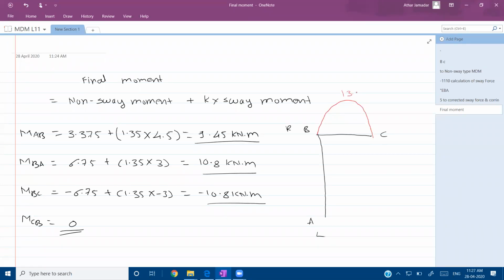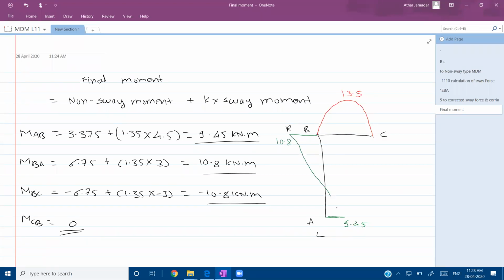This is 13.5, and on this we will overlap the support moment diagram. So first MAB, which is acting at support A, which is the left support, so left support positive moment should be below the baseline. This part will be below, so 9.45. Then MBA, which is acting at the right support, so right support positive moment is above the baseline, this is 10.8.